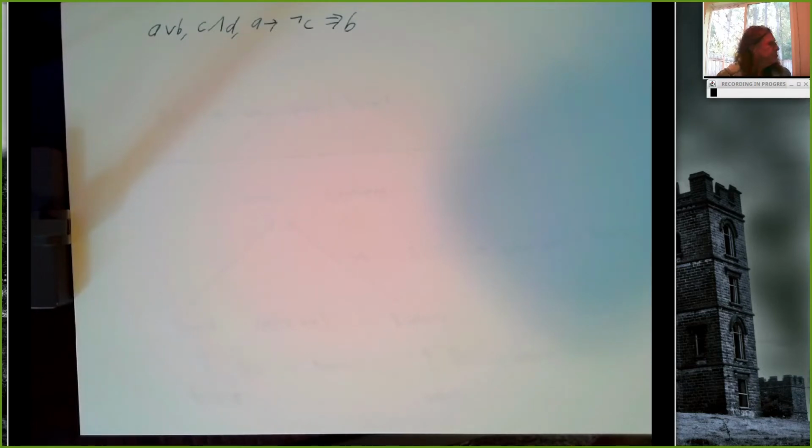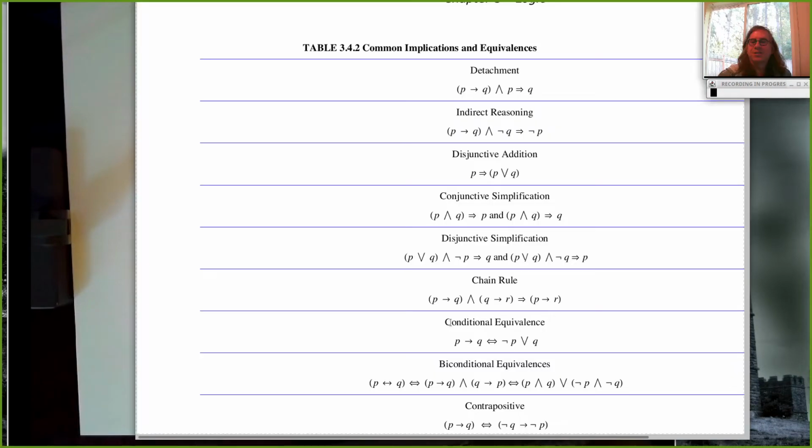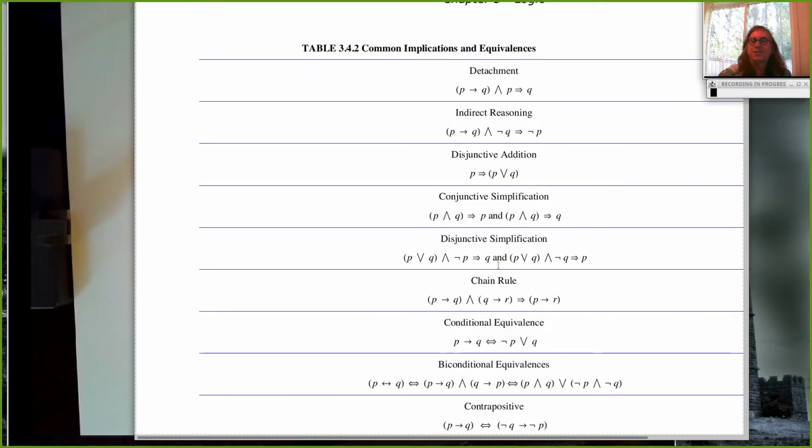So there is no disjunctive simplification, but there is a conjunctive simplification. If you know that P and Q are true, you know that P is true. So that's the simplification sense. There's an addition where we know that P is true, then we know P or Q is true. But for disjunctive simplification, we also need to know P or Q is true and P is false, and therefore we've got Q.